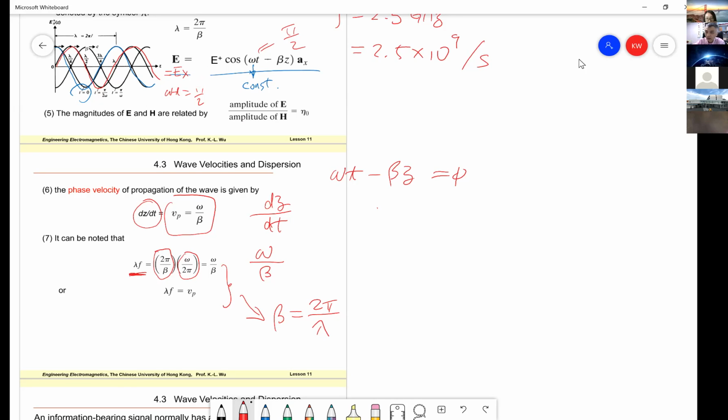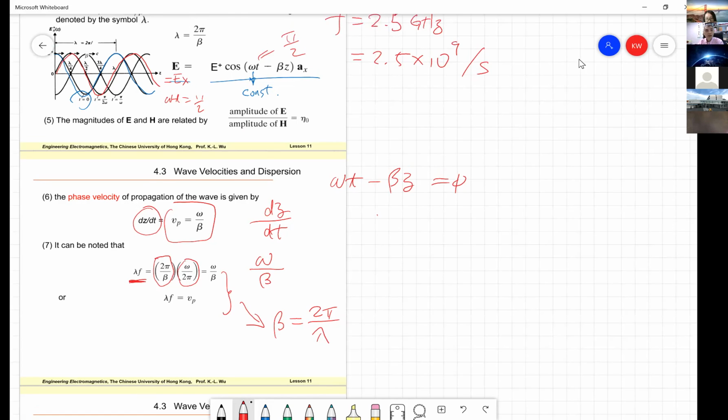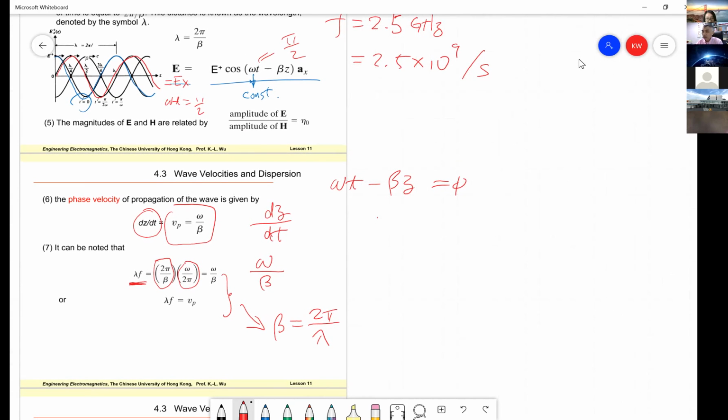We only have the x component. So the question is, where does Ex point upward? Ex will point upward or downward.